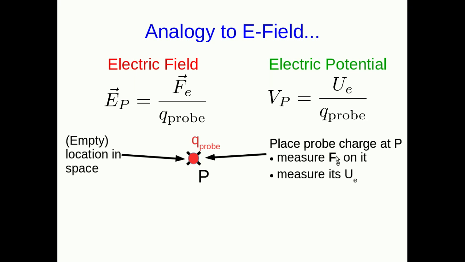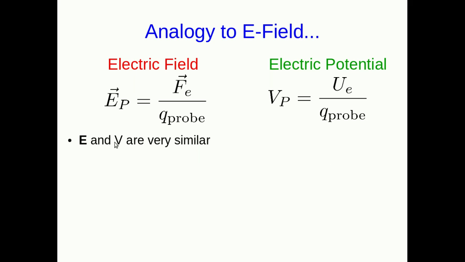And once we have those, we can use the electrical force to calculate the field at P, and we can use the potential energy of this probe charge to calculate the potential at P. And notice how I'm using that language, at P. The E field and the potential are properties of this point P.